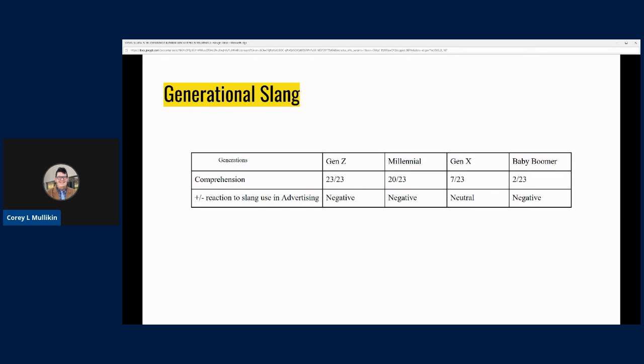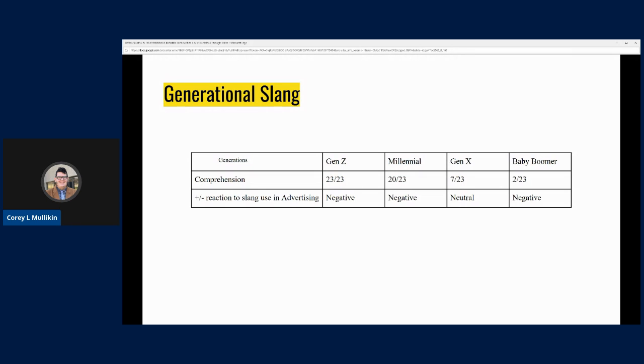Really, what it is, a company tries to use some form of modern slang, and they end up creating a negative effect. They try and sound so cool and hip and modern, but they're late to the trend, or people just don't like seeing a company use it.